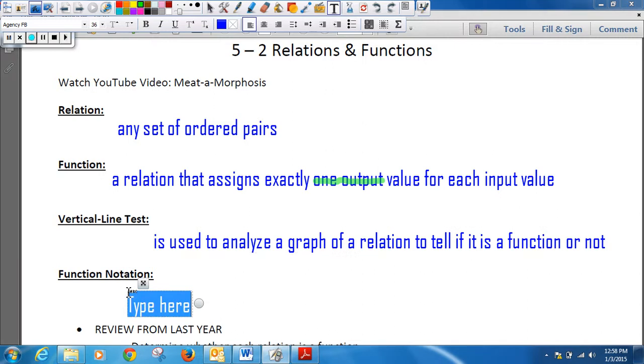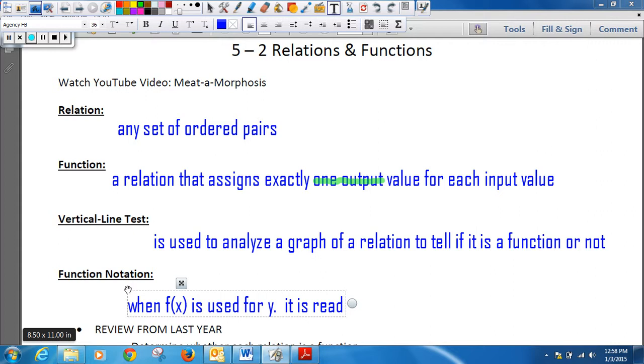And then function notation is when instead of using y, they use f of x for y. It is read as f of x. So that's a quick review of our vocab from last year.